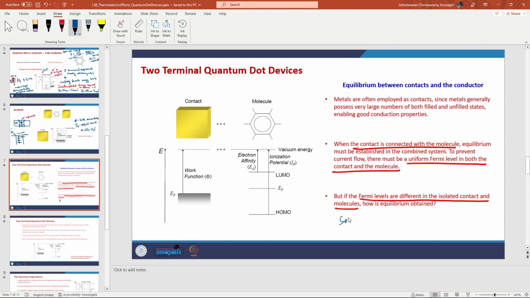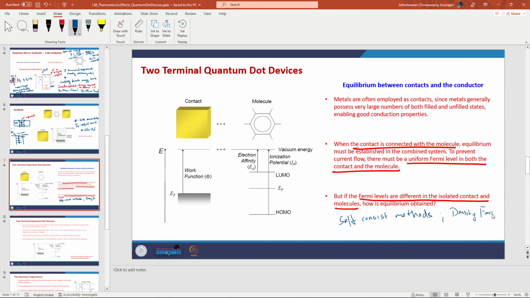Typically, we use self-consistent methods to solve for this equilibrium and the subsequent current conduction issue also. So we use self-consistent methods, and in order to study the energy level configuration and all of these things, we use techniques such as density functional theory.